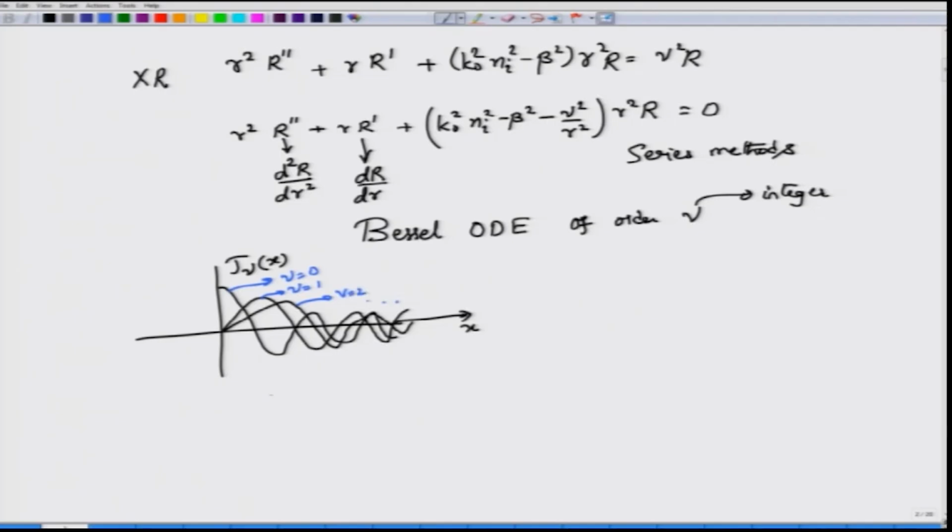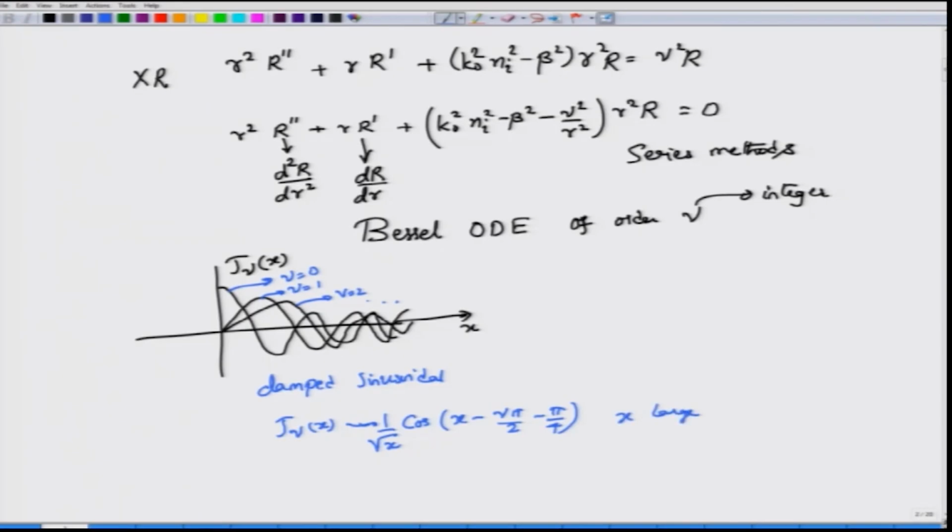So, these actually remind you of damped sinusoidal waves. Indeed, for large values of x, you can approximate J nu of x as cosine of x minus nu pi by 2 minus pi by 4, divided by root x. Okay. So, this can be written for very large values, which means far away from the origin.